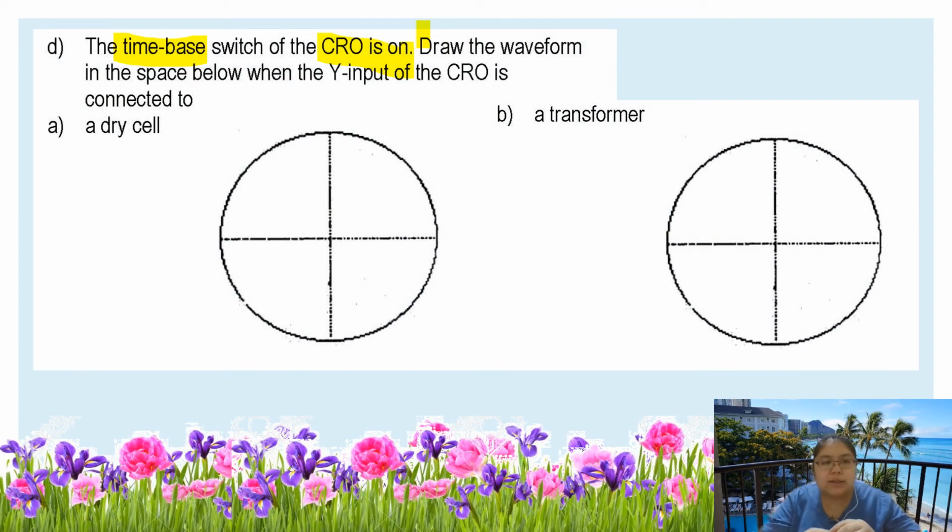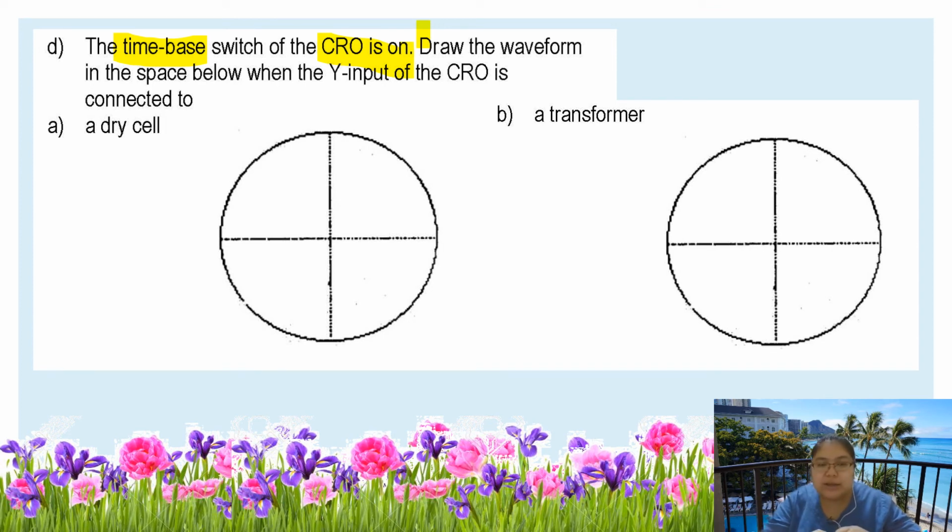Let's see D. They mentioned the time-base switch of the C.R.O is on. On means you can read the left and right horizontal part. Draw the waveform in the space below when the Y input of the C.R.O is connected to the dry cell.